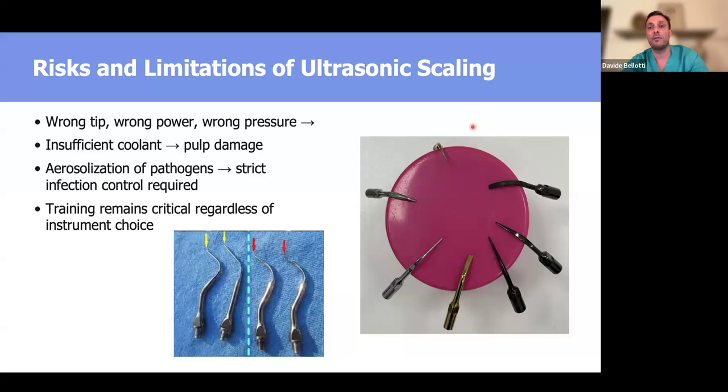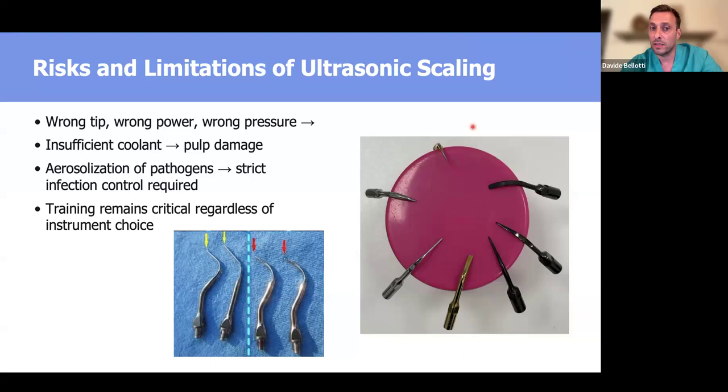So what are the risks of ultrasonic scaling? A wrong tip is definitely a risk, so with the right selection, you can check with the manufacturer of your scaler and find the right tip. Wrong power, the setting needs to be very low, or wrong pressure, but it's very difficult to create damage. Definitely it needs to be cooled down to avoid pulp damage.